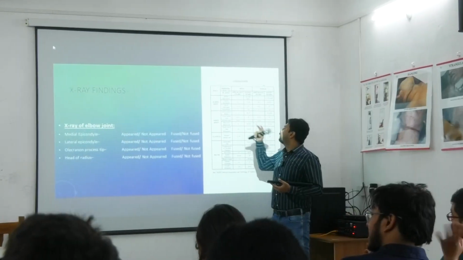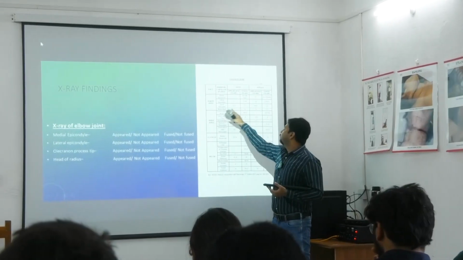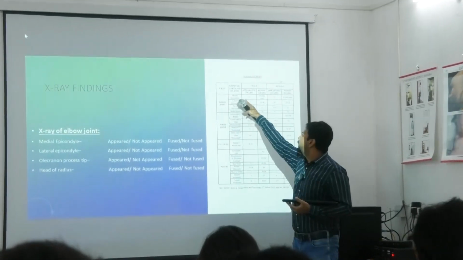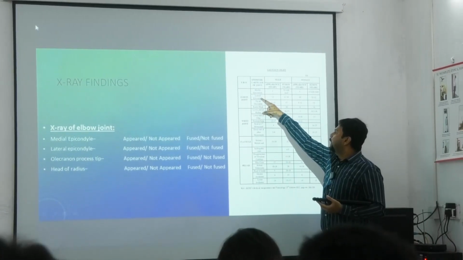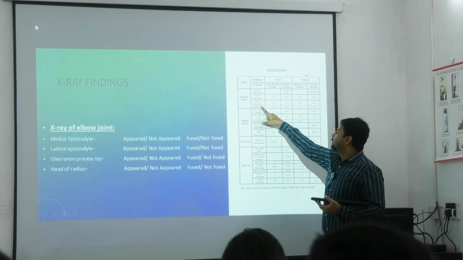This part, the elbow joint. What you see at the top is for the elbow joint. In the elbow joint it shows the medial epicondyle, lateral epicondyle, tip of olecranon process, radial head.